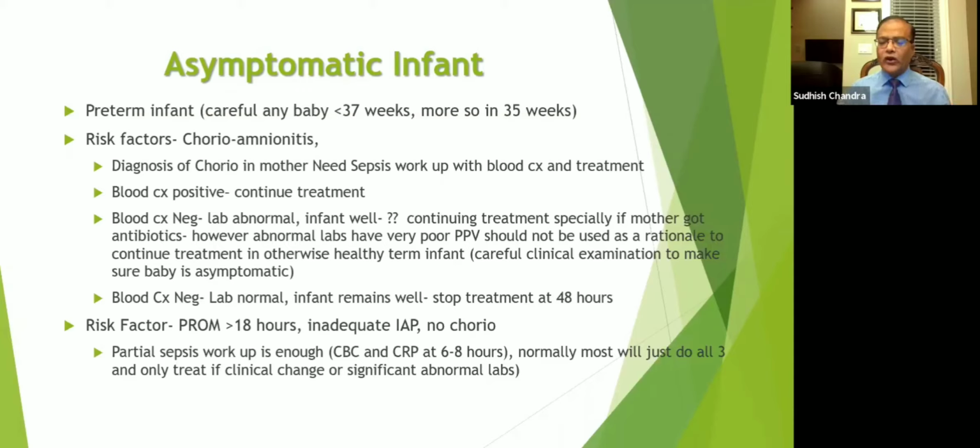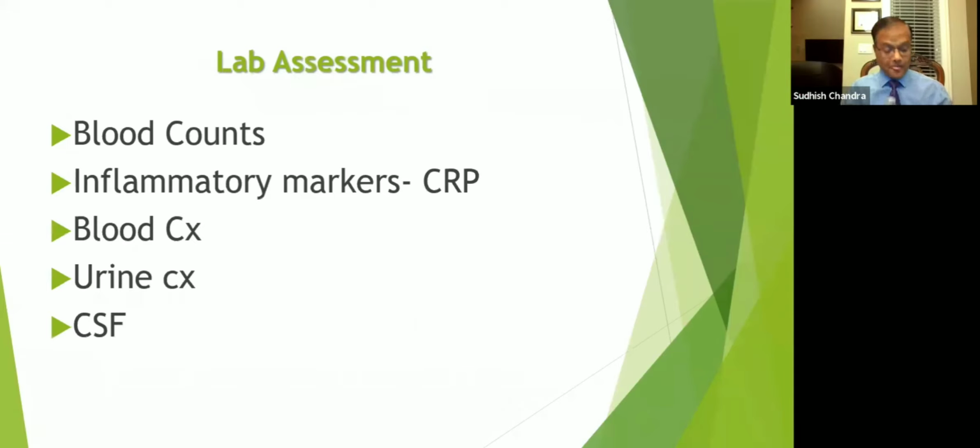I'm sure all of us have heard that during our residencies and fellowship, oh, do not treat the lab, treat your patient. And that's what we will try to understand, how much value we put on that sepsis workup. So the lab assessment is very simple: blood count, CRP, blood culture, urine culture, and CSF.